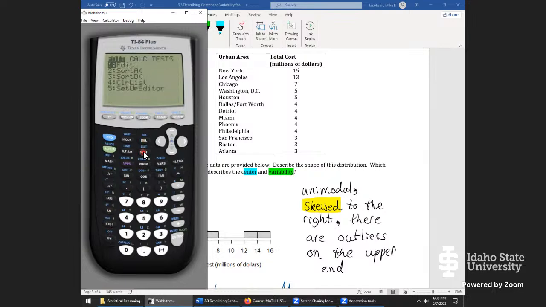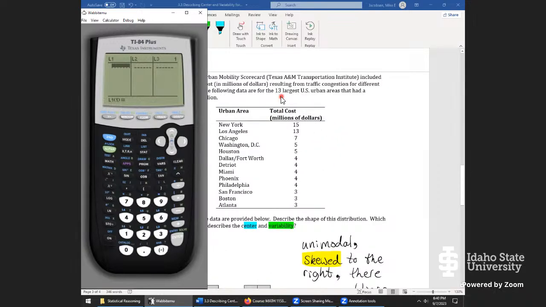So first, stat key to go back to our list, hit enter where it says edit, up arrow, clear, and then enter. So that's kind of our main set of keystrokes we always do. If you do this long enough, it's just going to become automatic. It becomes muscle memory. Now, the tough part is getting them all in exactly right. Let's double check. They said 13 observations, so we'll make sure that's how many we get.